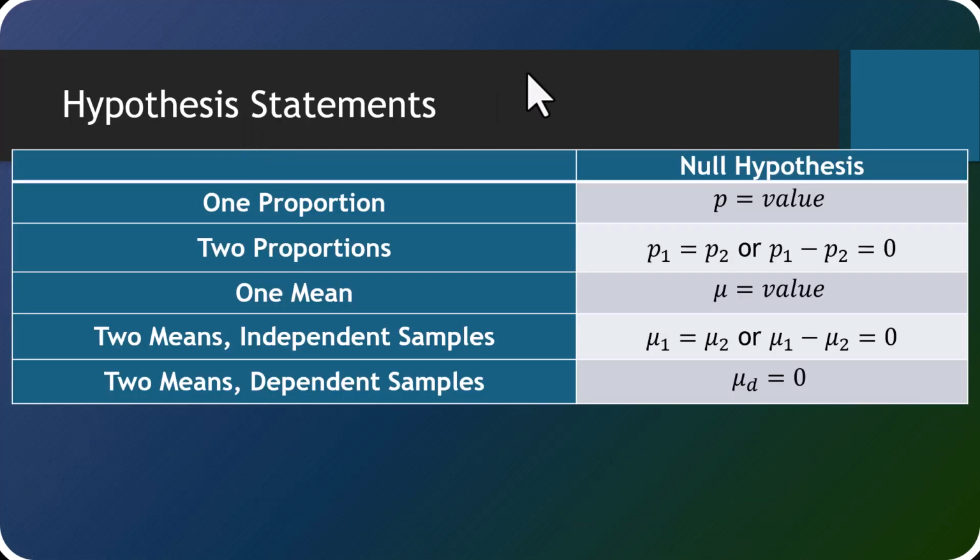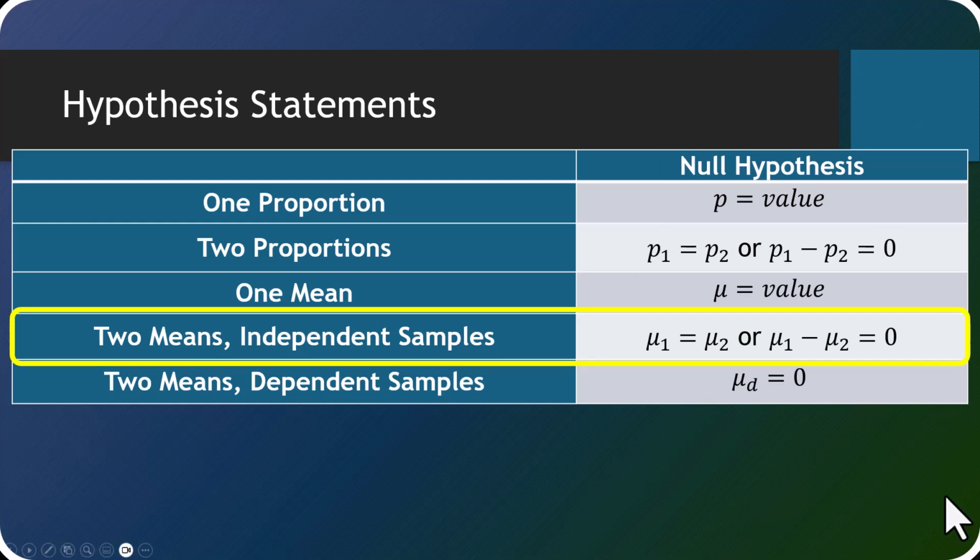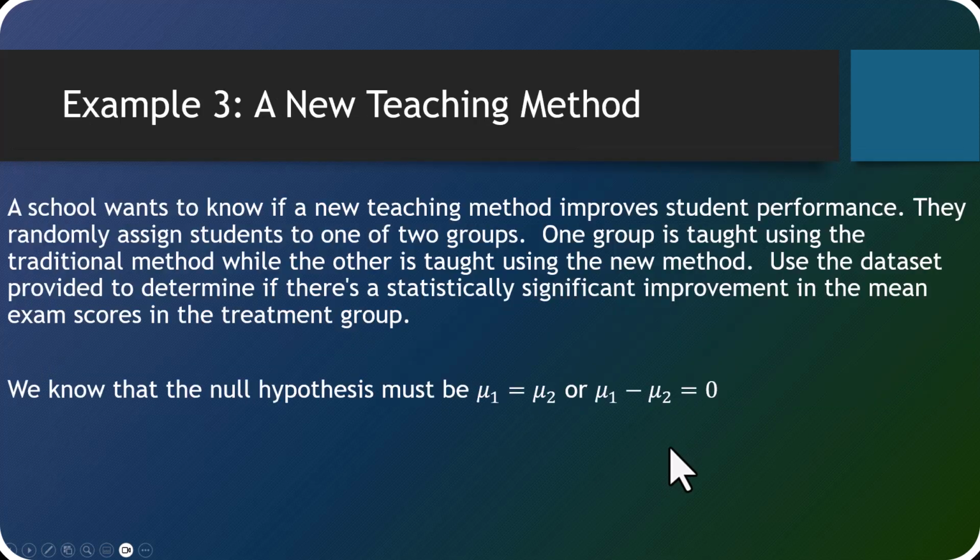So take a minute to decide which of these 5 hypothesis tests we have, which of these null hypothesis statements is appropriate. If you said 2 means with independent samples, that is correct. So either mu1 equals mu2 or mu1 minus mu2 is equal to 0 is going to be our null hypothesis.